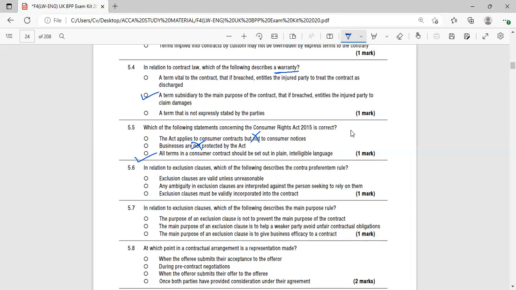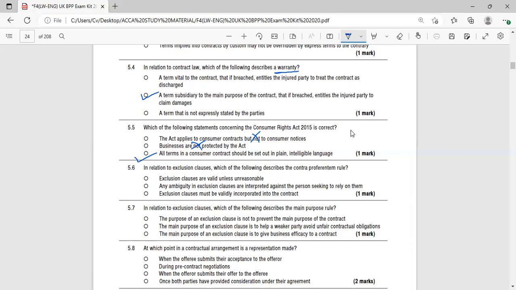Then we have: in relation to exclusion clauses, which of the following describes the contra proferentem rule? Exclusion clauses are valid unless unreasonable. Any ambiguity in exclusion clauses is interpreted against the person seeking to rely on them. Exclusion clauses must be validly incorporated into the contract.